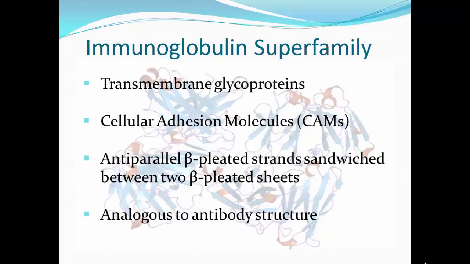The immunoglobulin superfamily has a very characteristic structure. They have anti-parallel beta-pleated sheets, which means that they are going opposite ways. It's almost a mirror image. And they are sandwiched between two other beta-pleated sheets for a total of 4.